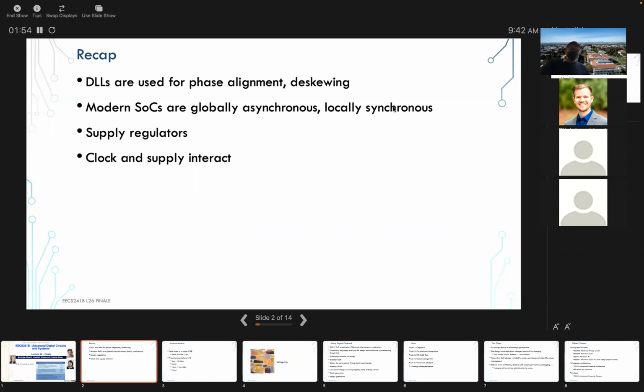What we did in the last lecture on Thursday is we put a lot of things together. We talked about DLLs and showed how they're used for phase alignment and deskewing in modern SoCs.